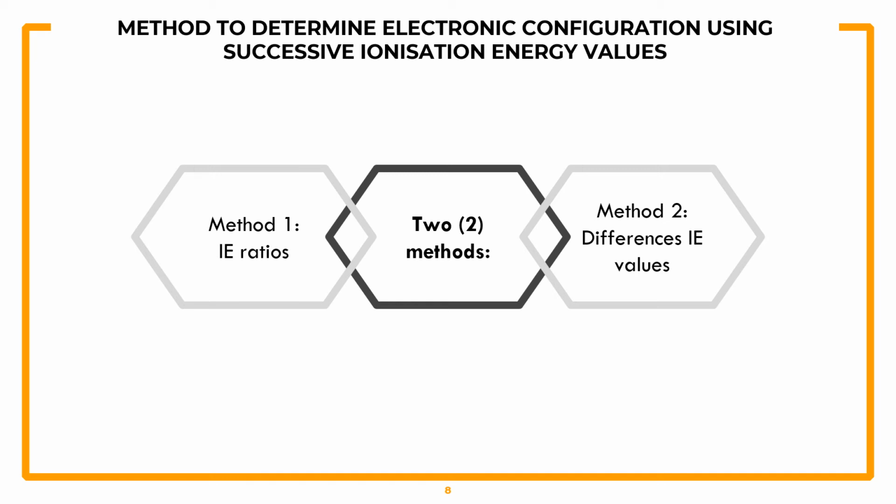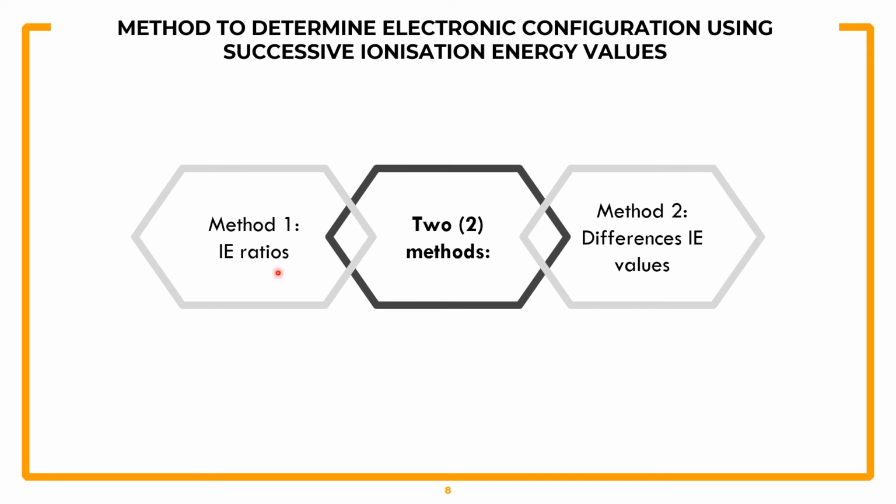Kalau tadi awak dah belajar kaedah congak, so now kita nak belajar kaedah calculation untuk nak identify electronic configuration by using successive ionization energy. Okay, kaedah calculation ni terbahagi kepada dua. Kita ada method 1, IE ratios, dan method yang kedua, difference in IE values.